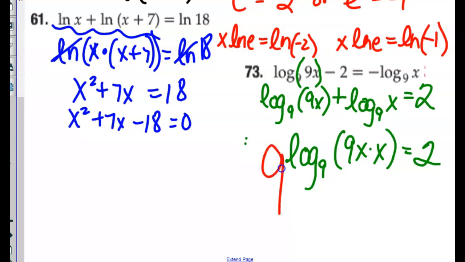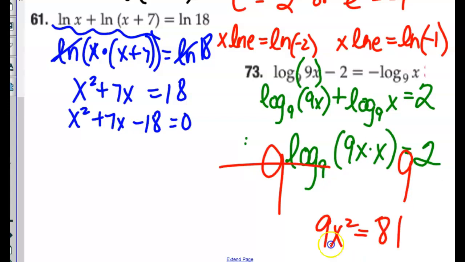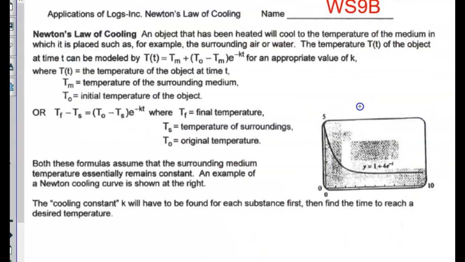You can exponentiate or rewrite. It's the same thing. So we have 9x squared equals 9 to the second, or 81. We divide and get 9, and then x equals plus or minus 3. Can we have a negative? No. Okay. All right. That was a lot of review.